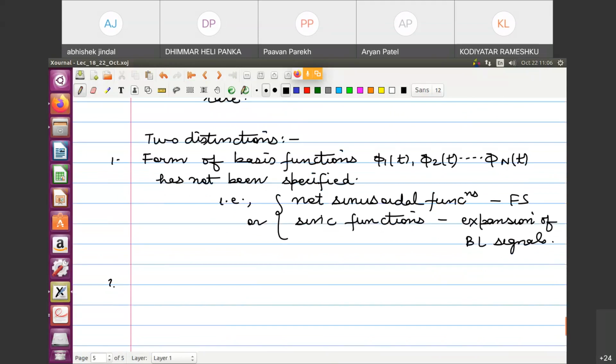Secondly, there is an important thing here: using a finite number of terms is not an approximation.